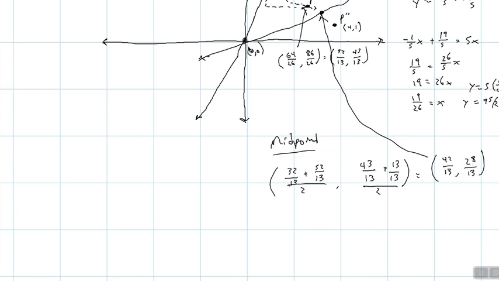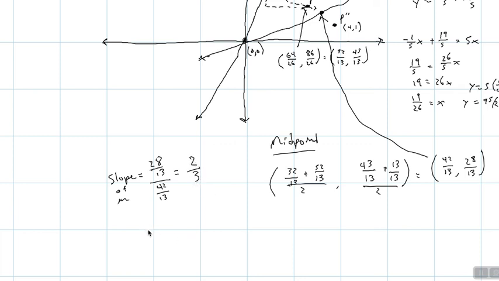Since it goes through the origin, we know that the slope is just the change in y from 0, 0 to that point. So this is the slope of M, 28/13 over 42/13. And simplifying that, you get 2/3.